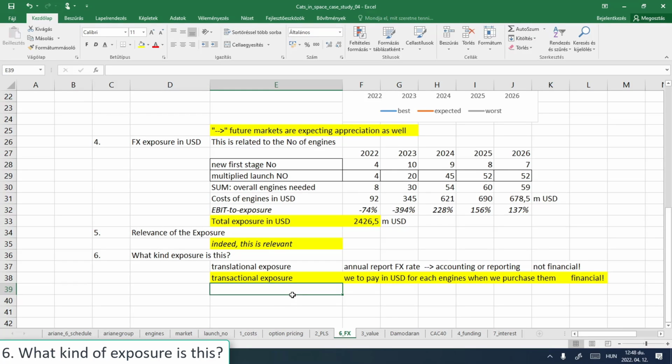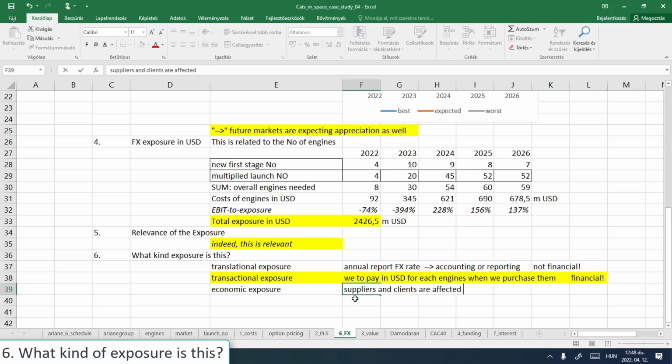The third kind of exposure, the economic exposure, is when our suppliers and clients are affected by foreign exchange changes.